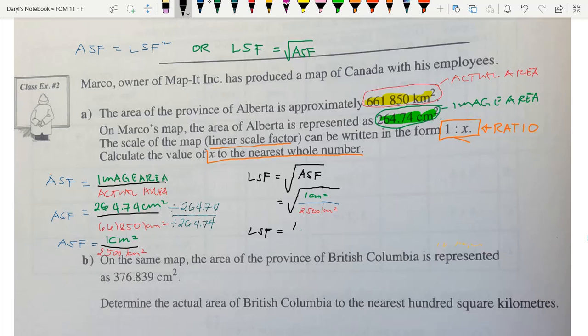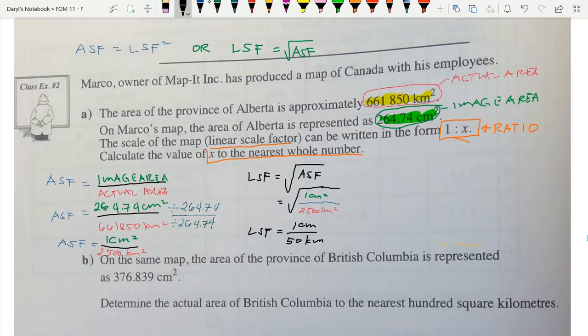Square root of cm squared is cm. All over 2,500, if I'm going to take the square root, that gives me 50. And then square root of km squared is just kilometer.